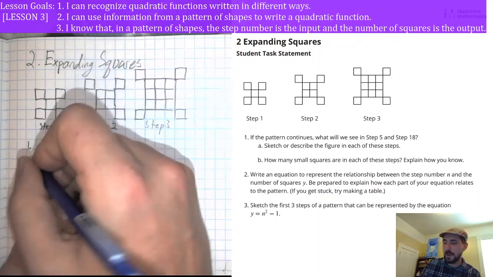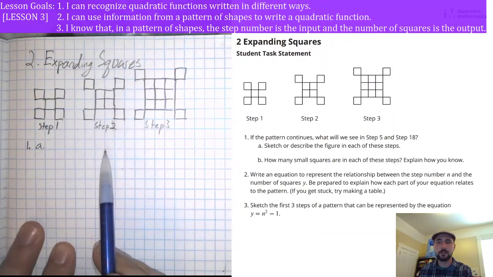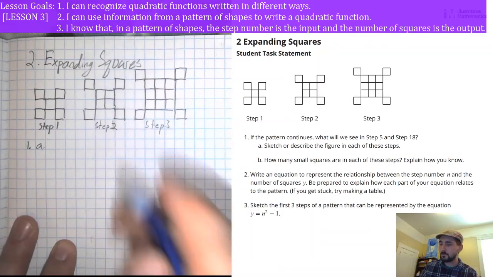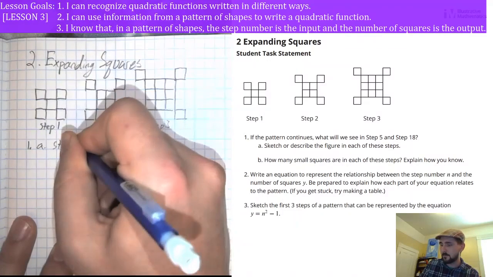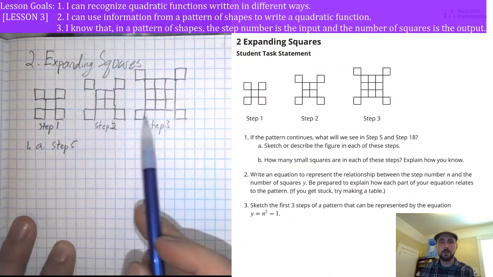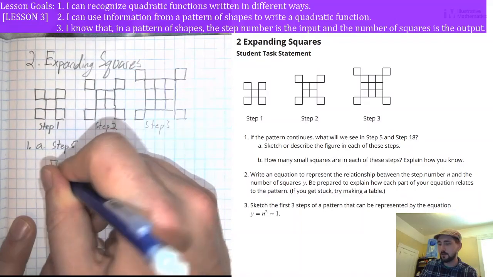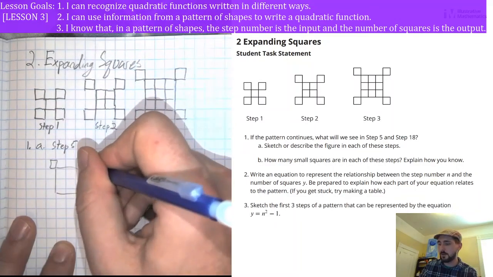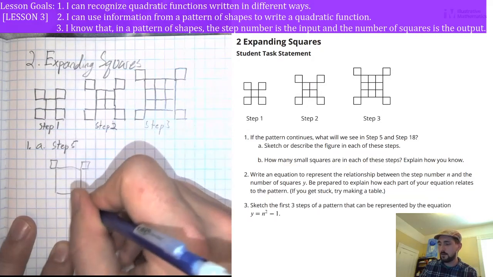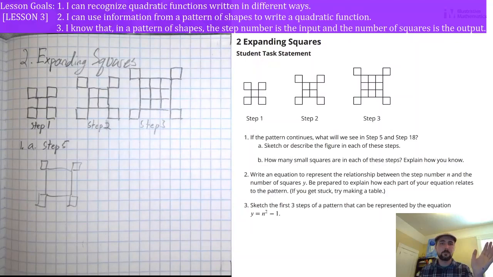So 1A, sketch or describe the figure in each of these steps. Step 5 will look basically like this. It'll be a square doodad thing here, and a bigger square doodad thing here. And there, step 5, sketched.